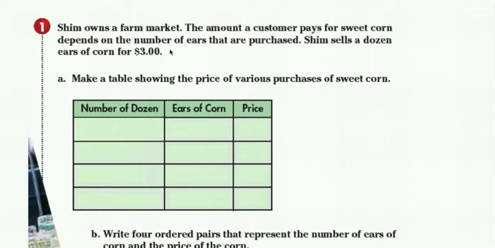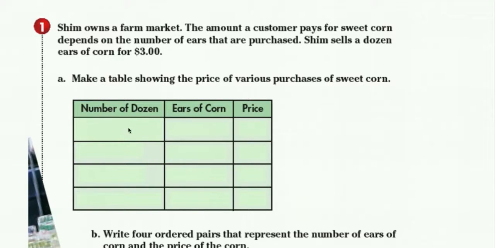If you look at this carefully, the output is the price, and the input will be the number of ears of corn that are purchased. It also says that Shim sells a dozen ears of corn for $3. Knowing that last sentence, we can make a table showing the price of various purchases of sweet corn.